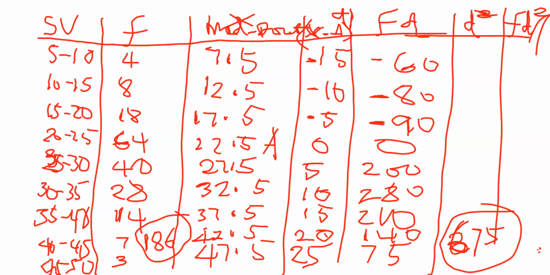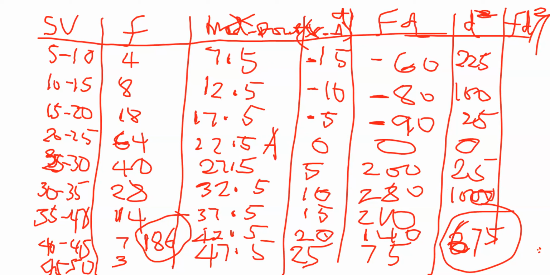This is our D. Our D is minus 15 that you are seeing. When you square the D, you get 225. You get 100. You get 25. You get 0. You get 25. You get 100. You get 225 here. And you get 20, which is 400.